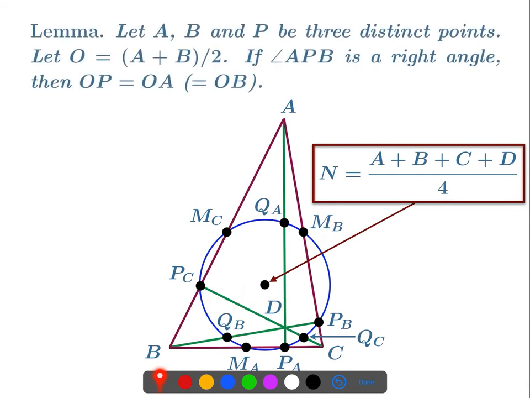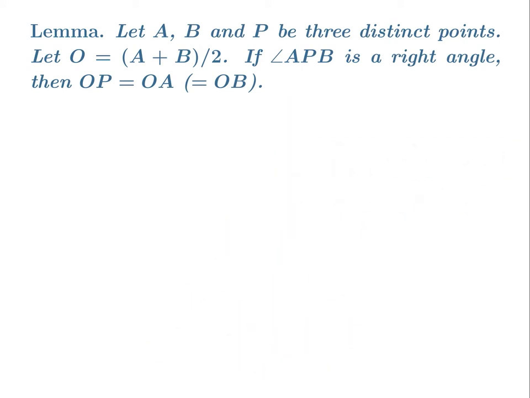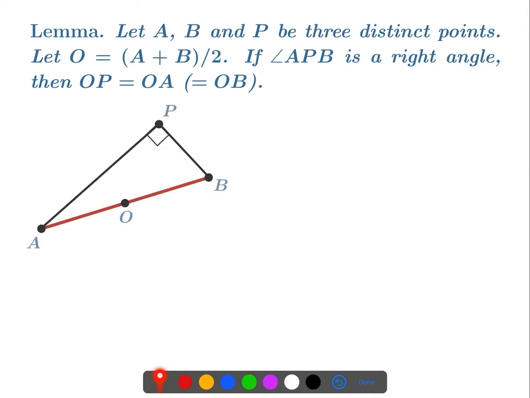And let me describe this lemma with a different picture here and then give the proof. So the picture for this lemma is that we have 3 points A, B, and P. The midpoint of the segment AB is O. O is the average of A and B, the midpoint of AB.